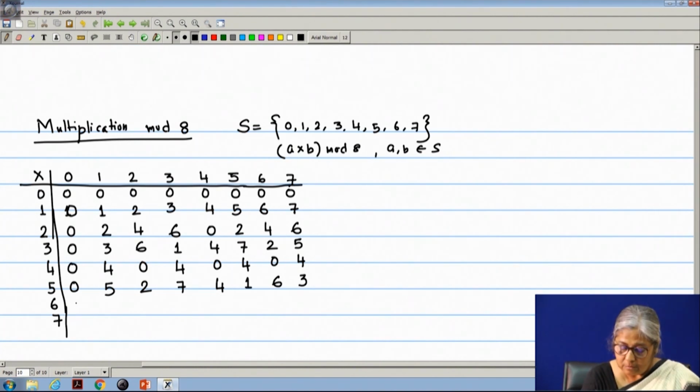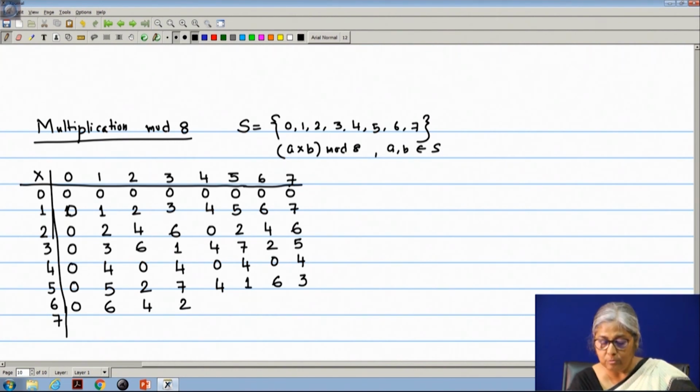Now for 6: it is 0, 6, 4, 2, because 18 modulo 8 is 2, since 8 into 2 is 16 plus 2; 24 modulo 8 is 0, then 30 gives 6, again 4 and 2.